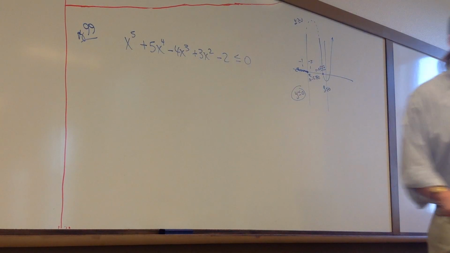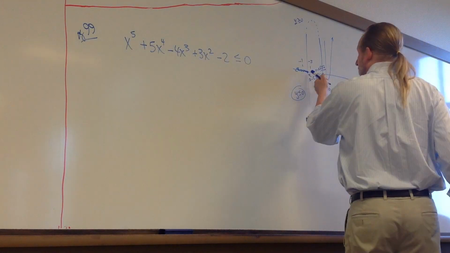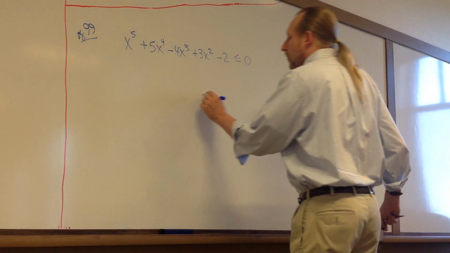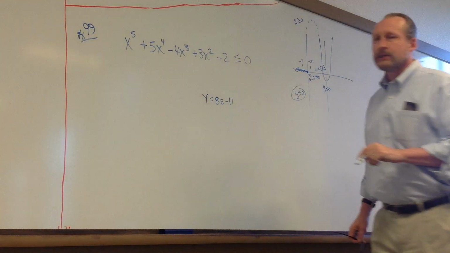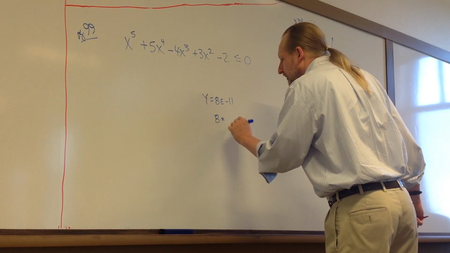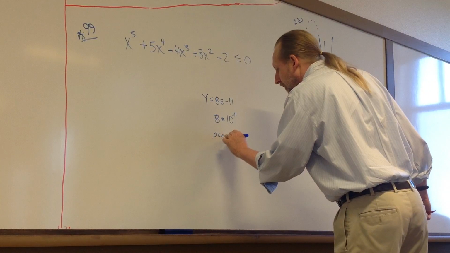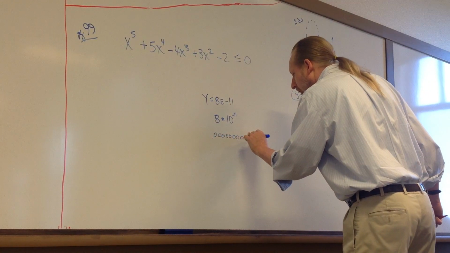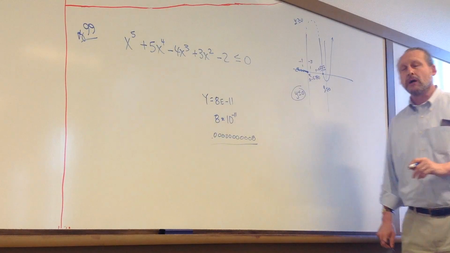Okay, so let me just talk briefly about what the calculator was showing you when we found this root. It said y equals 8e minus 11. So this is how the graphing calculator expresses scientific notation. This means 8 times 10 to the minus 11th power. So a very, very, very small positive number.